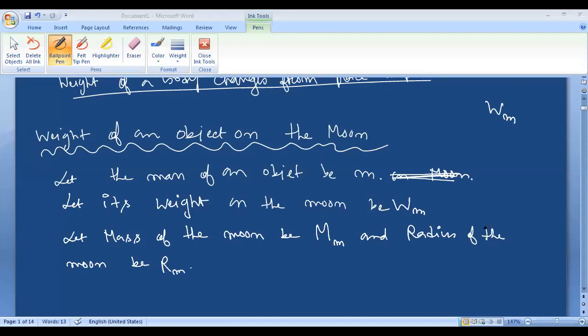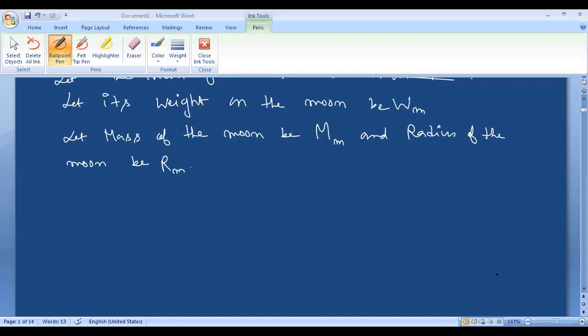Now see, by the universal law of gravitation, what will be the gravitational force between the body and the Moon? Now see, what is the definition of weight?